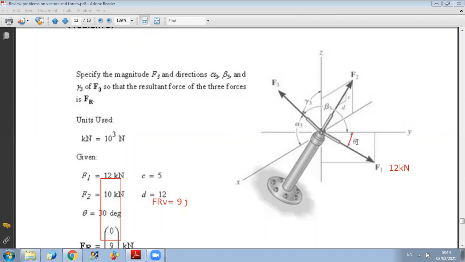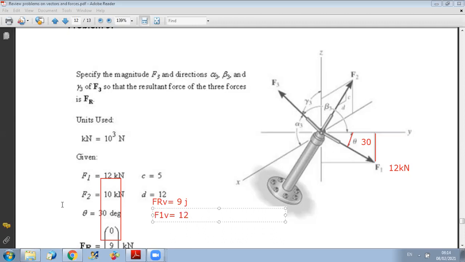So I know everything about F1, because if I look at my figure, F1 is in plane YZ, so it has a positive component along Y and a negative component along Z. So from here, I can write that the F1 vector is equal to the magnitude of F1, which is 12.